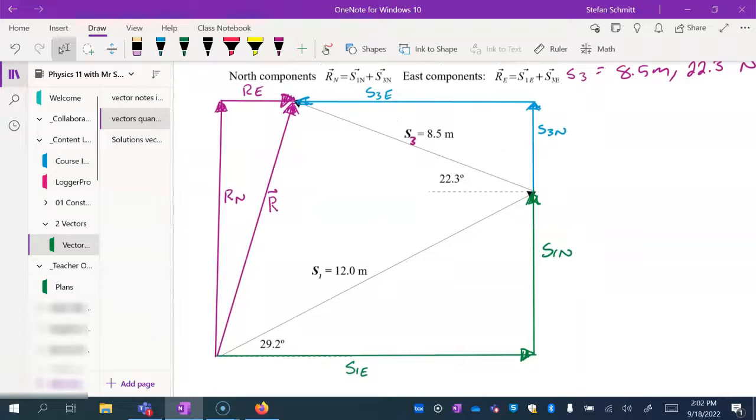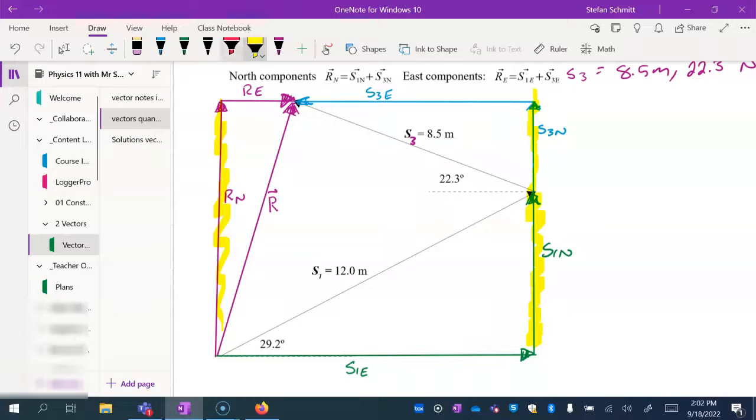Perhaps you can see from this diagram now how we're going to calculate R. We're going to find the components of R, the north and east components. Can you see that vector R north is equal to the sum of the north components of S1 and S3?